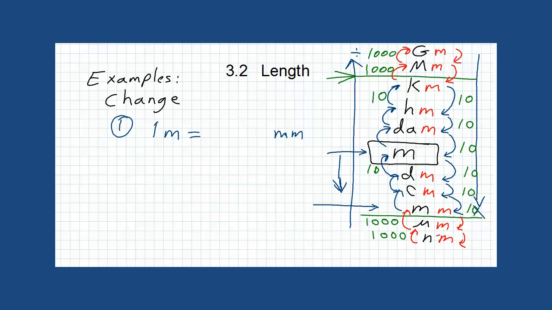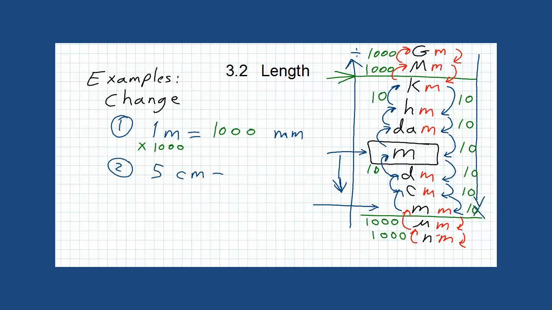We should multiply 1 meter by 10, so it is changed to decimeter, and then you will multiply it by 10 again, so it will be changed to centimeters. Then you will multiply it by 10 for the third time, then it will be changed to millimeters. So 1 meter is going to be multiplied by 1000, and your answer must be 1000 millimeters.